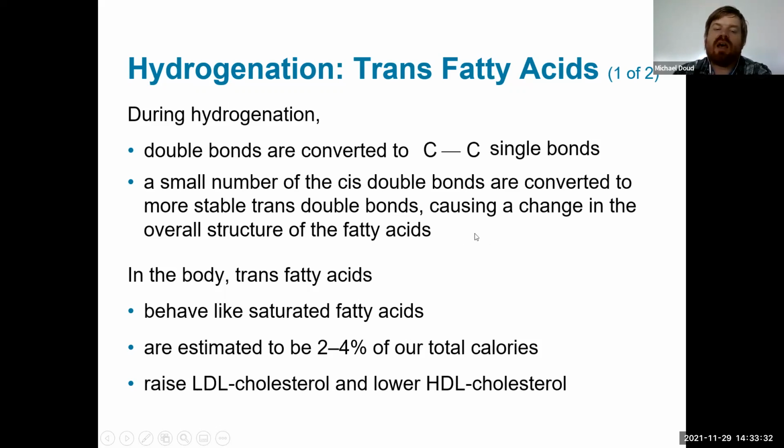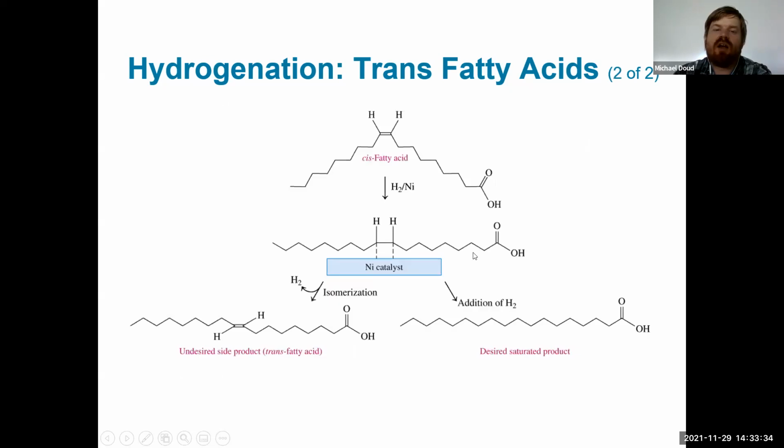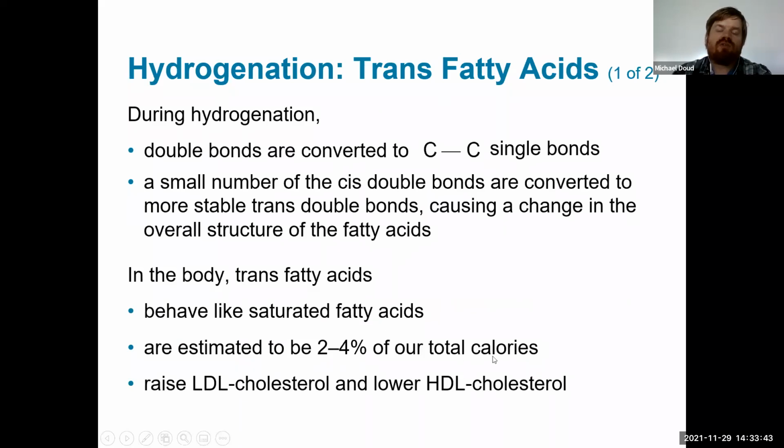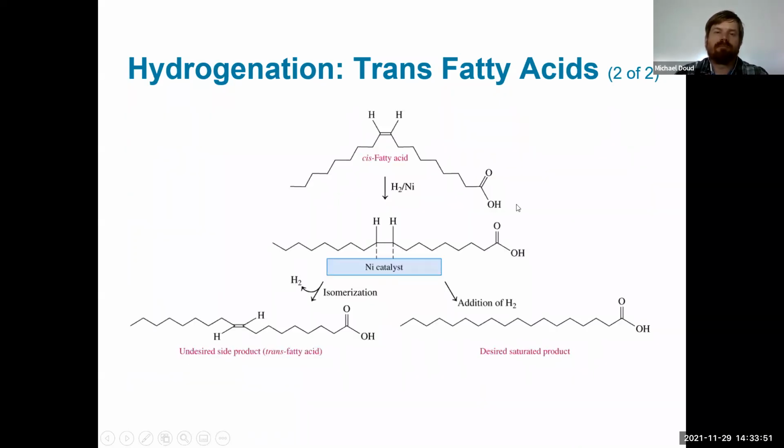So they have a deleterious effect on your health. What happens is you have an isomerization rather than the saturated product that you actually want, and these trans fatty acids can be real problematic for your cholesterol levels in your blood.